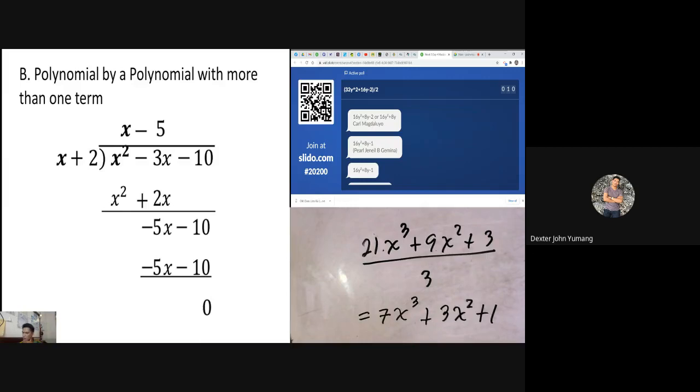Okay, dalawa lang po ang sumagot. Some more students, last 2 minutes. Sander, we have 16y squared plus 8y minus 1.